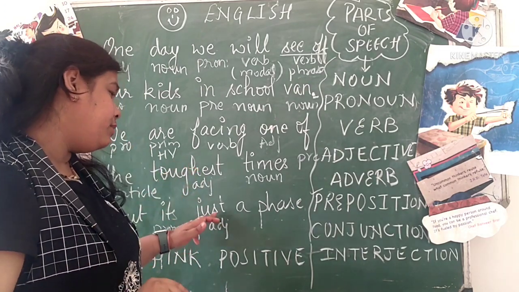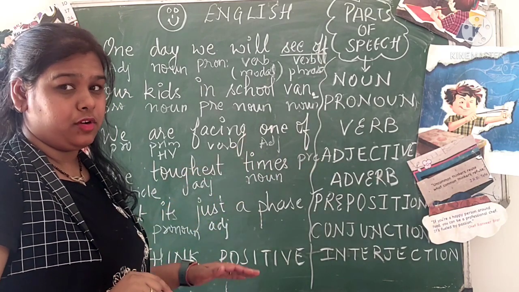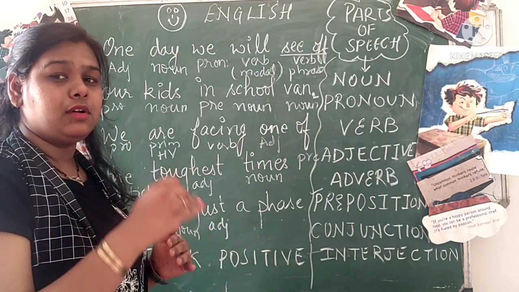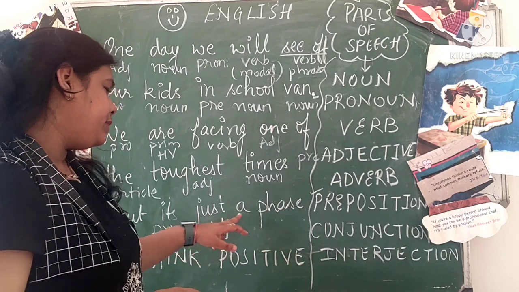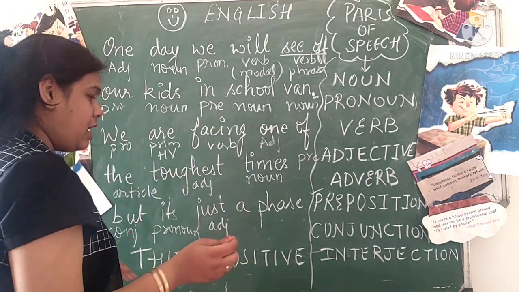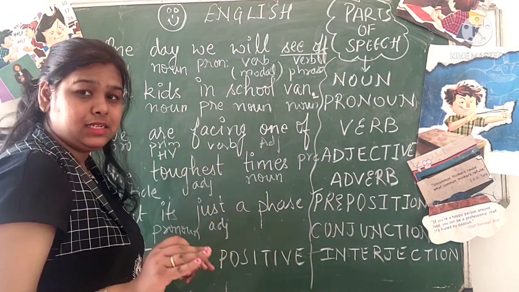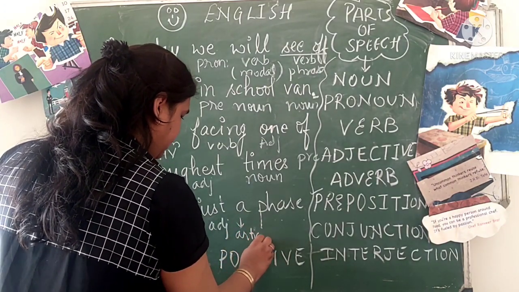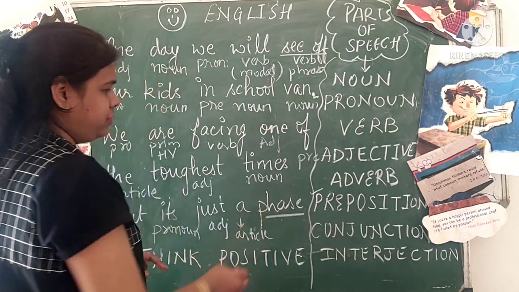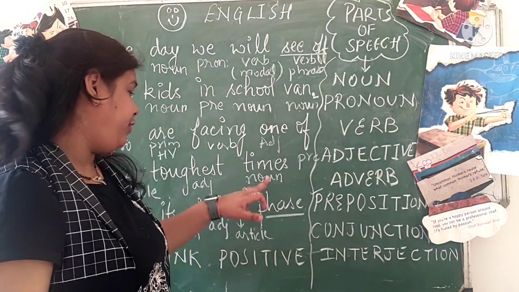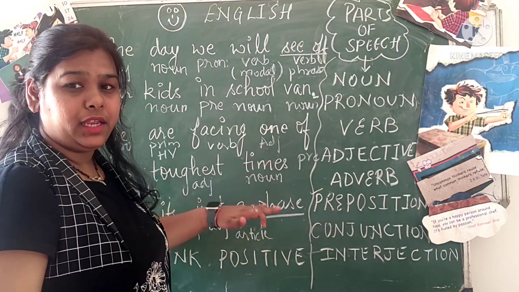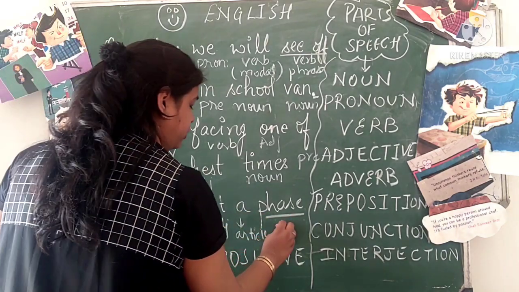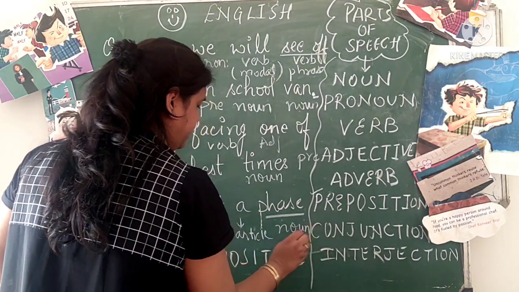One word can be an adjective also, an adverb also. This we will learn through practice. Then what is a? It's an article, an indefinite article. Then what is phase? Phase is again a noun. Phase is like times.